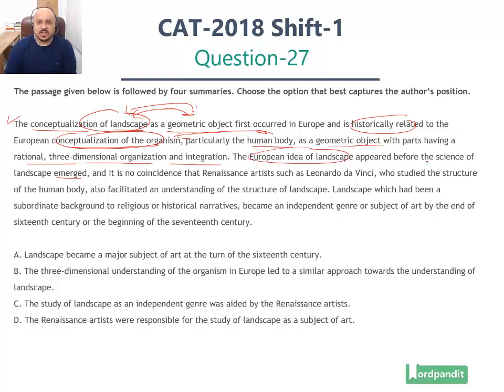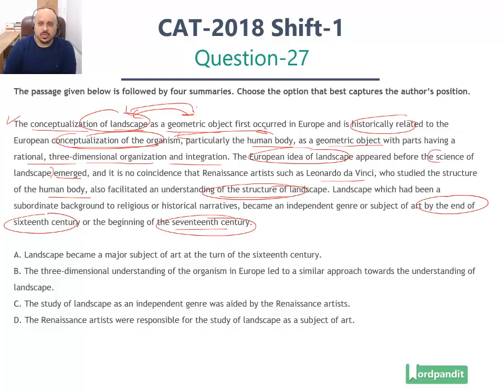So the idea emerged before the science, so the science followed the idea, and it is no coincidence that Renaissance artists such as Leonardo da Vinci, who studied the structure of the human body, also facilitated an understanding of structure of the landscape. Landscape, which had been a subordinate background to religious or historical narratives, became an independent genre of art by the end of the 16th century or the beginning of the 17th century, right? So at the end of the 16th century or the beginning of the 17th century, it became an independent genre.